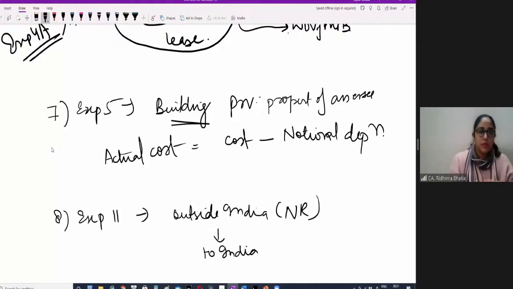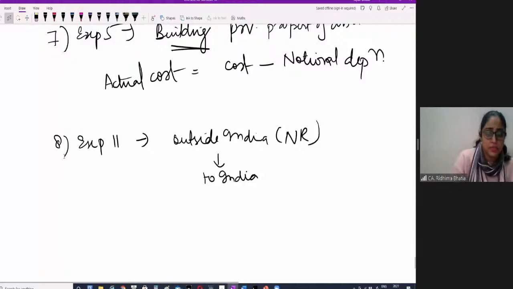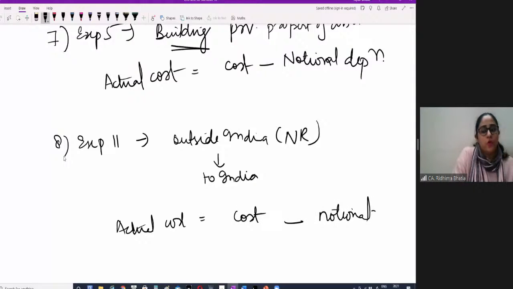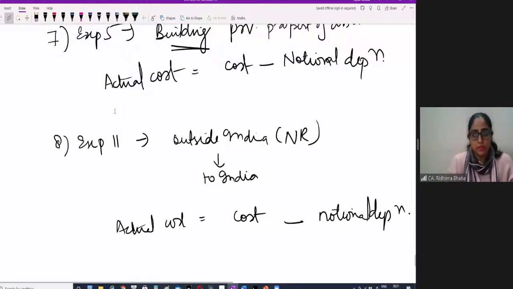Now you brought it to India and used it for your own business. What would be the actual cost of that asset in your books of accounts? Totally same. Actual cost would be the cost for which you purchased minus the notional depreciation for all the years when it was with you, assuming that it has been used from the first day itself for the business. Okay, exactly on the same lines.